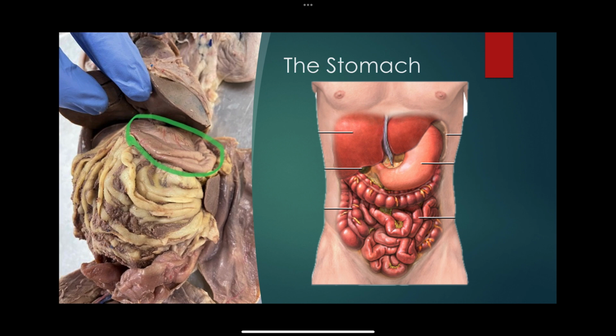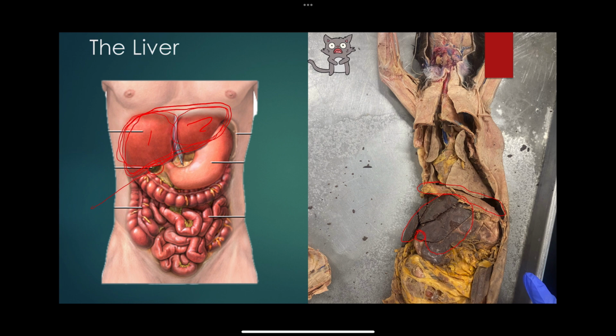And then for the left lobe, there would be the left hepatic duct. Both of these ducts would connect, also known as the common hepatic duct. There's also the hepatic arteries, which would be usually running through right here.